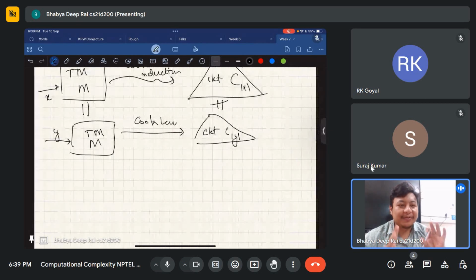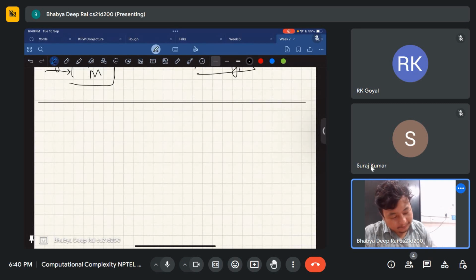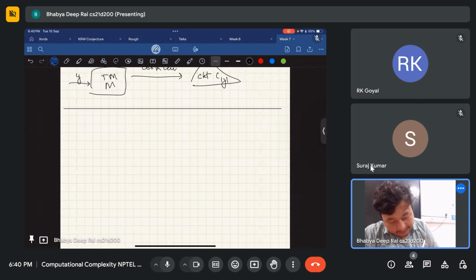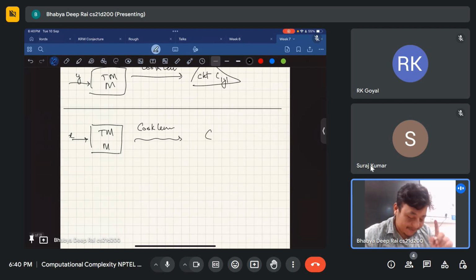let's take some observations. So remember Cook-Levin. You have a Turing machine M on an input X, and then you do Cook-Levin and you get C. Oh, okay, I forgot to mention this.